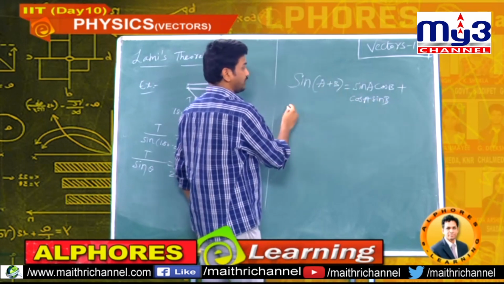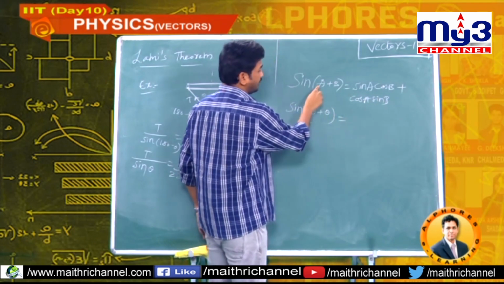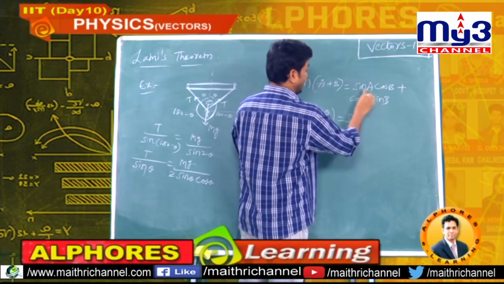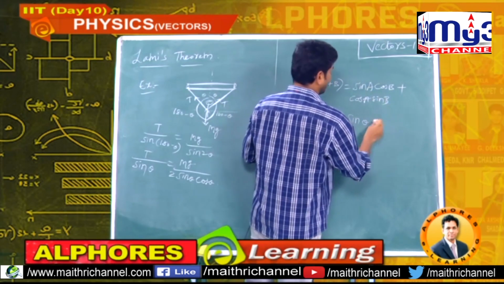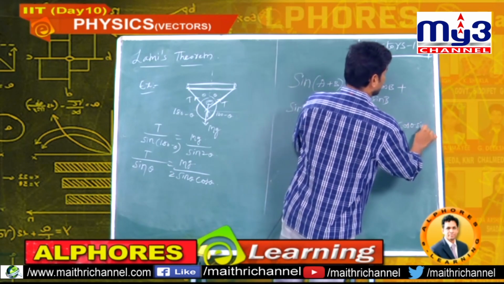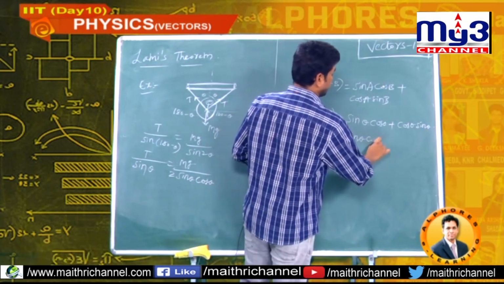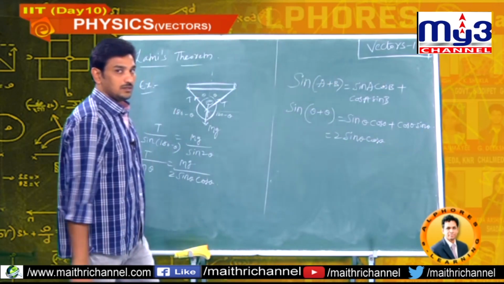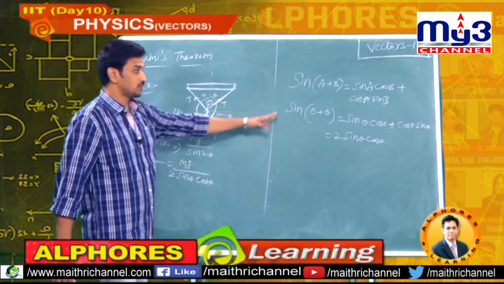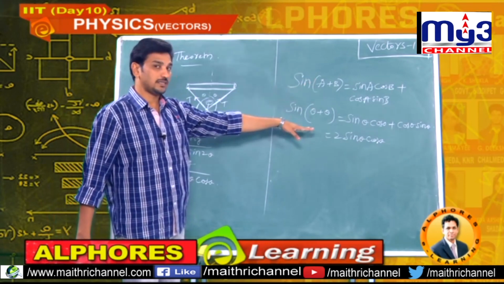Now sine of theta plus theta, a value theta, b value also theta, gives sine theta cos theta plus cos theta sine theta, so the answer is 2 sine theta cos theta. I can replace sine 2 theta with 2 sine theta cos theta because it is of the form of sine of a plus b, and the final answer is 2 sine theta cos theta.